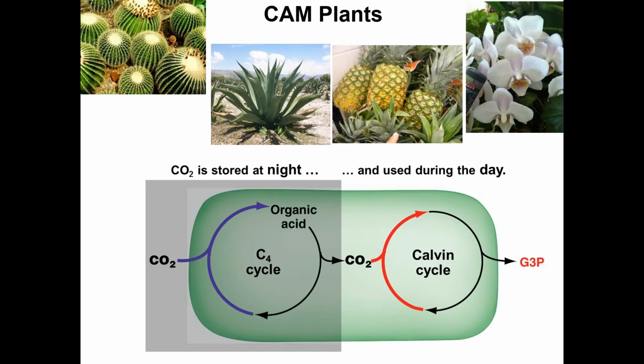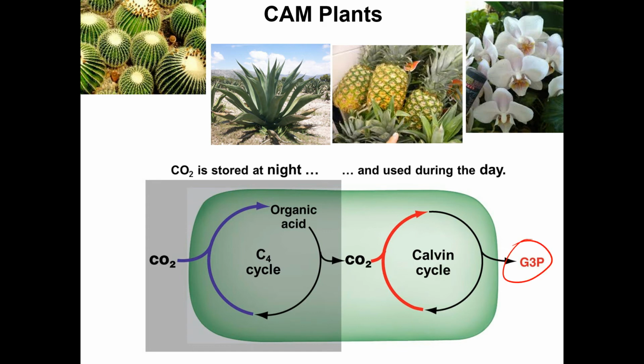So here you have our CAM plants, things like cacti, agave, pineapple, or orchids. These are all CAM plants. CO2 is fixed into an organic molecule at night, and then during the daytime, that CO2 is released from that organic molecule and used in the Calvin cycle to make G3P.